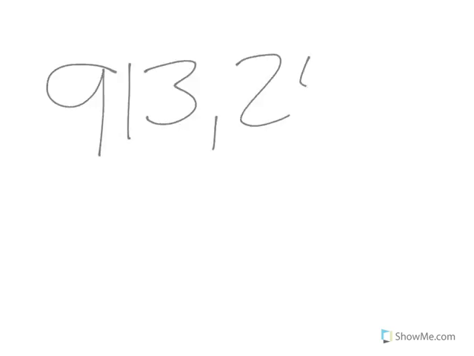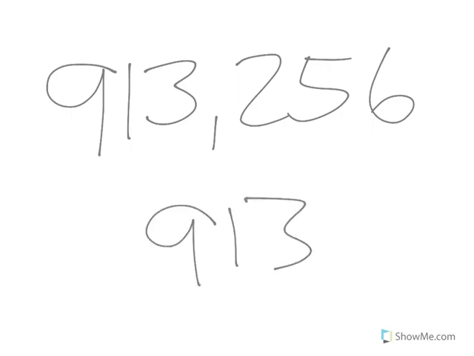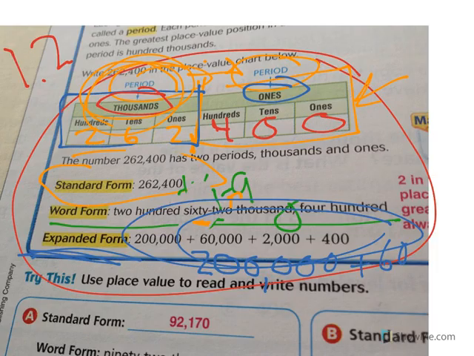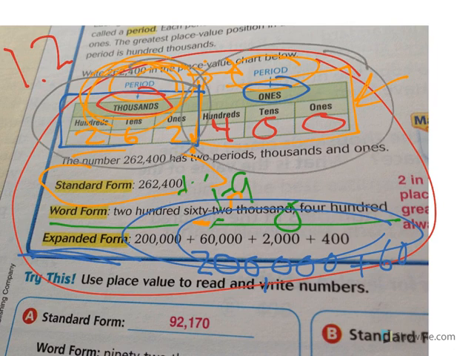Now, the one thing that they are going to do that gets a little tricky, they're going to have a number like this: 913,256. They say, write the name for the period that is in the 913. So you need to write the name of the period. That's where if you go back to right here, remember this is a period and this is a period.